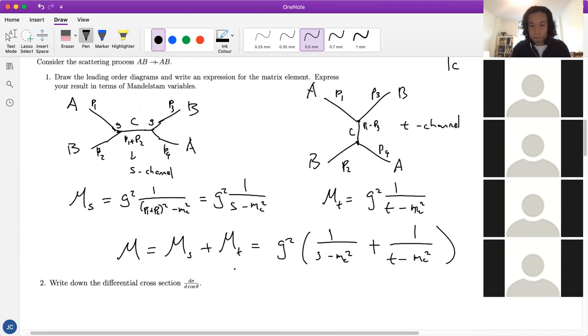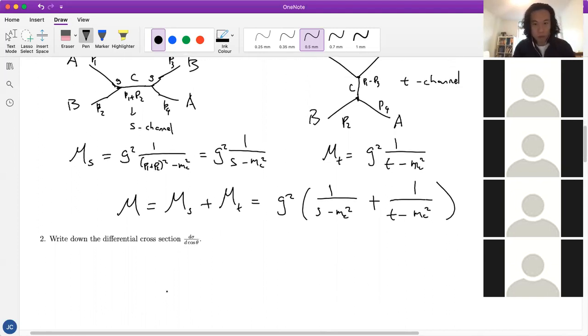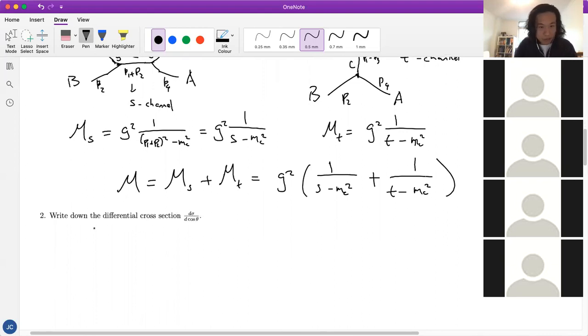And now we want to write down the differential cross section, d sigma d cos theta. If you've done the previous tutorials, and also if you have reference to lecture notes, you can just take the expression. You don't have to rederive the whole thing again. It's the same thing every time, so there's no point doing it multiple times. We're just going to take the definition we have.